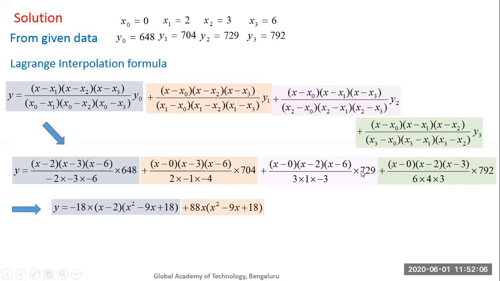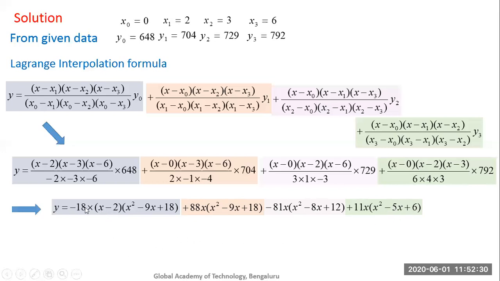Third term, 729 divided by minus 9, you get minus 81. x minus 0, x as it is. Multiply these two brackets, you get x square minus 8x plus 12. And the last term, 792 divided by this product, we get 11. x as it is. x minus 2 into x minus 3 is x square minus 5x plus 6.